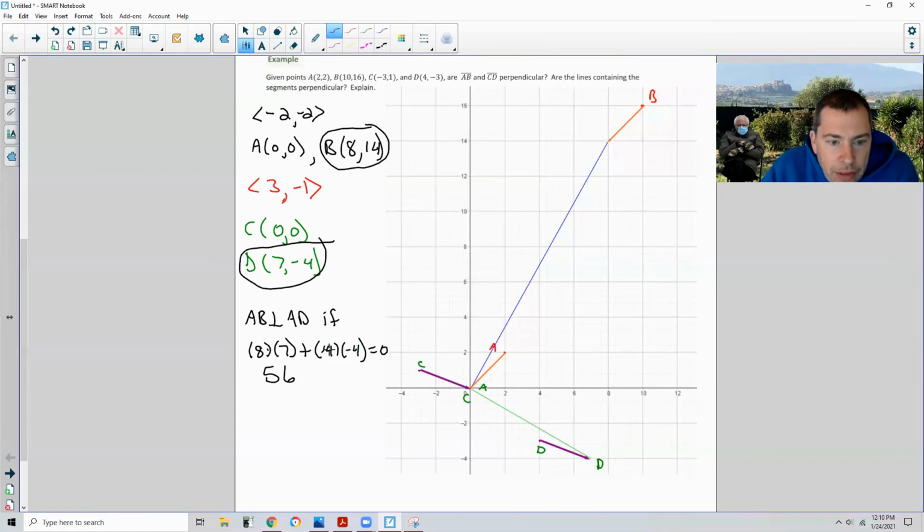So instead of saying plus and minus, I prefer to just write minus. 4 times 14 is 56. And 56 minus 56 equals 0. 0 equals 0. Therefore, AB is in fact perpendicular to AD.